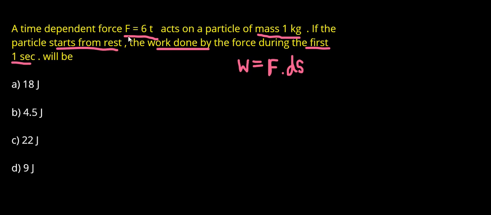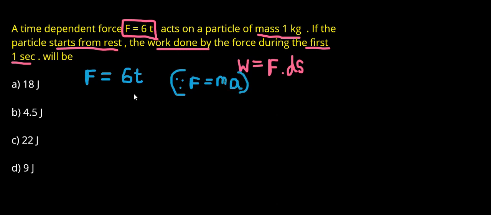So the given values are these. Force is given like this, and mass is also given. We know that force is equal to 6t according to the question, and force is equal to mass into acceleration as per Newton's second law, F equals ma.